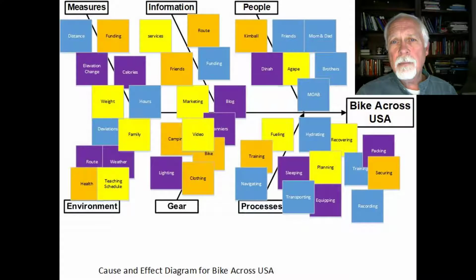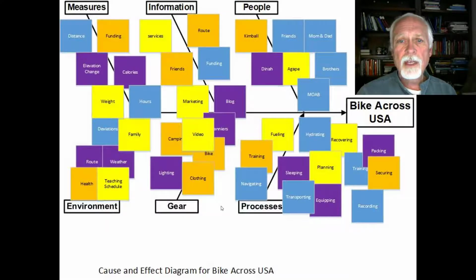If it's not a manufacturing example, then I often try changing materials to information and machines to technology. But in this case, I'm going to change machines to gear, which seems to fit this particular project. And then after that, we pretty much have a working cause and effect diagram.